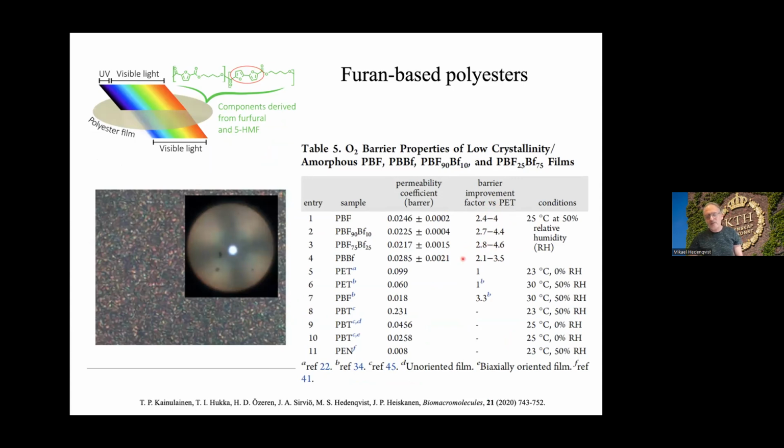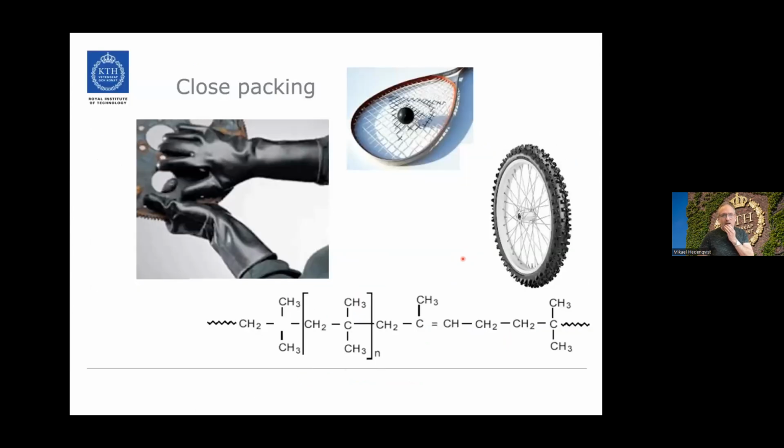We don't know if it's the diffusivity or the solubility or both that is causing this, but it's interesting to see that one can have a quite large effect by replacing the aromatic ring with the furan ring.